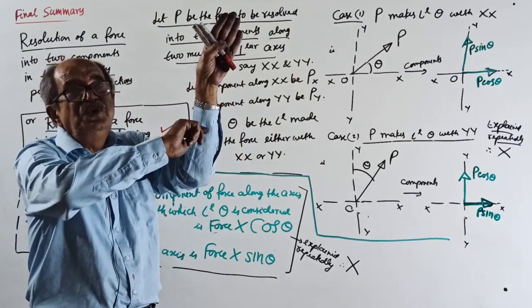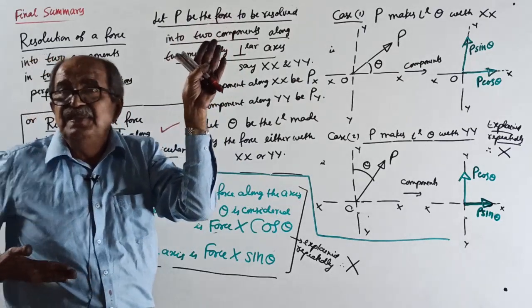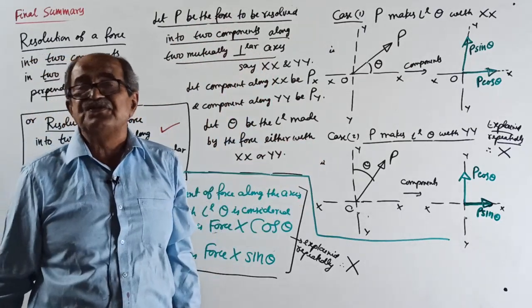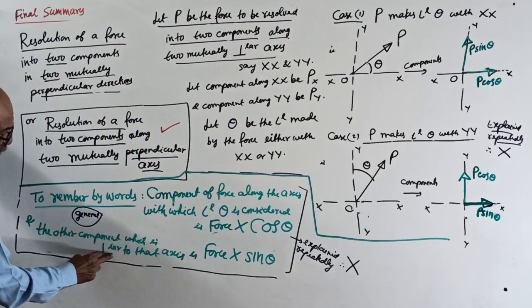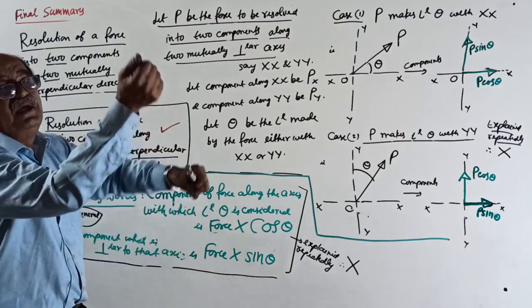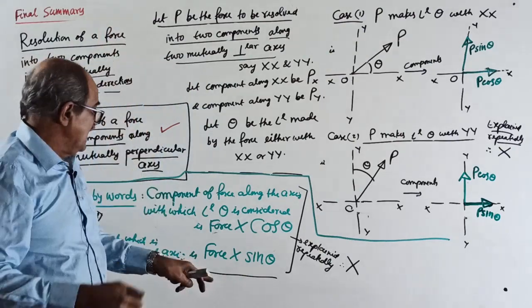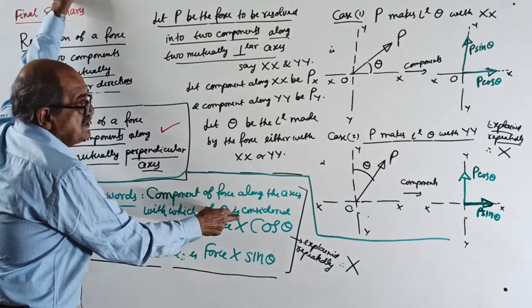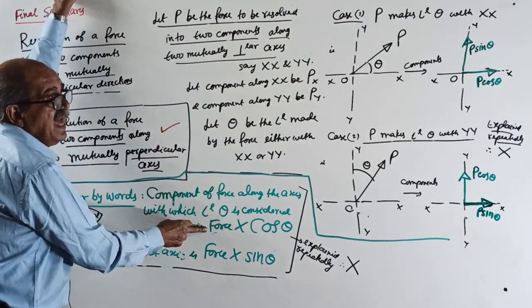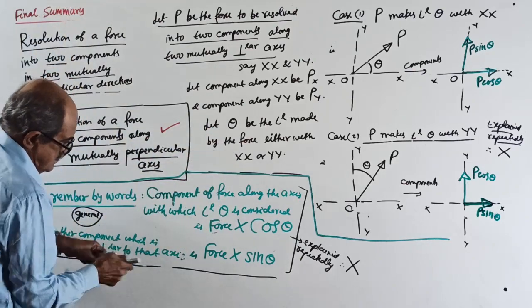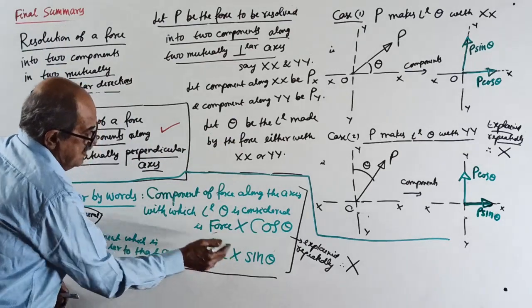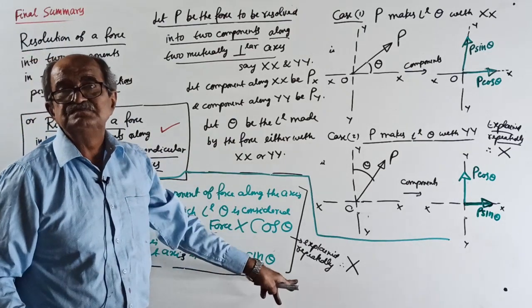So along the axis with which you measure the angle, it is cos. And the other component, which is perpendicular to that axis, is force into sin theta.